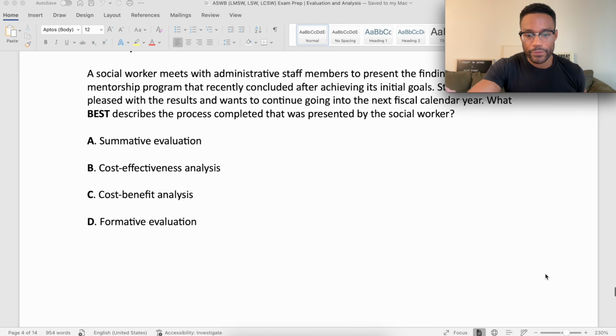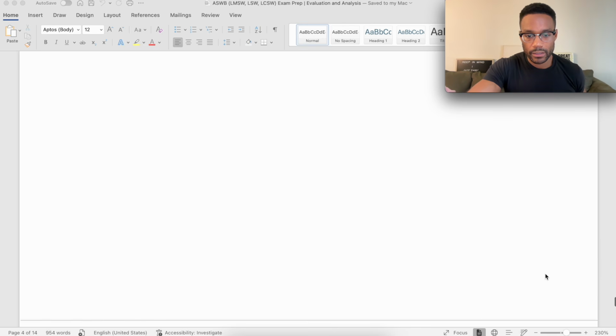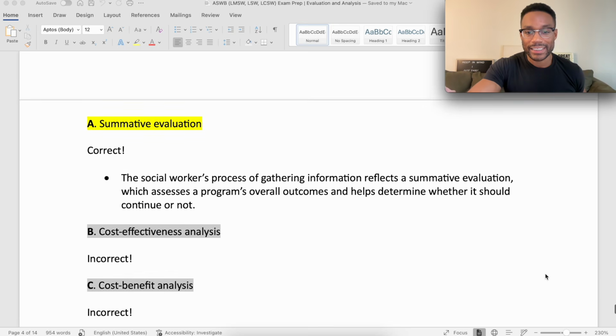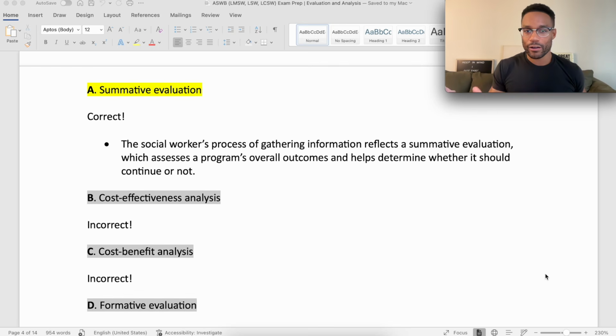Okay, if you picked A, summative evaluation, you are correct. Why? Summary at the end. The social worker's process of gathering information reflects a summative evaluation, which assesses a program's overall outcomes and helps determine whether it should be continued or not.